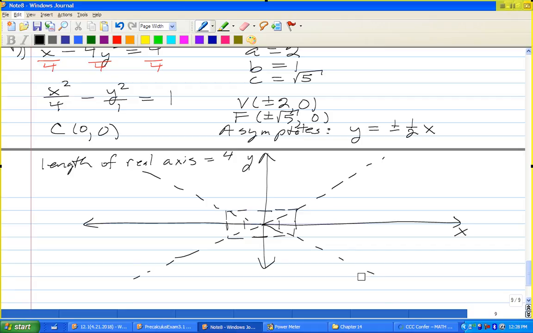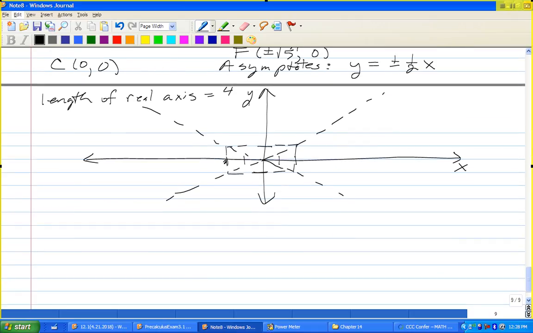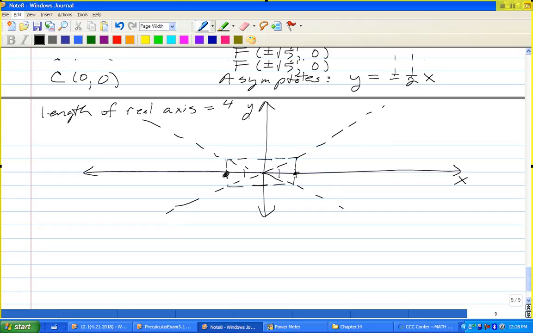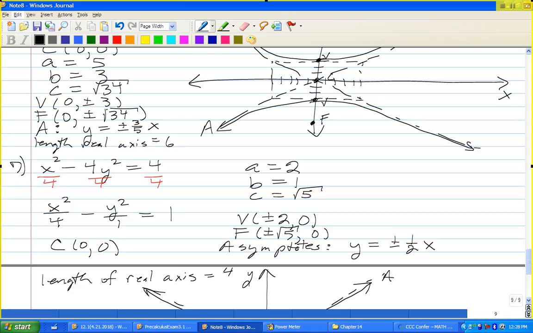And let's see, x is positive. Okay. So here, and square root of 5. Here are the foci, vertices, center, asymptotes. So it should look something like this. And there is your hyperbola.